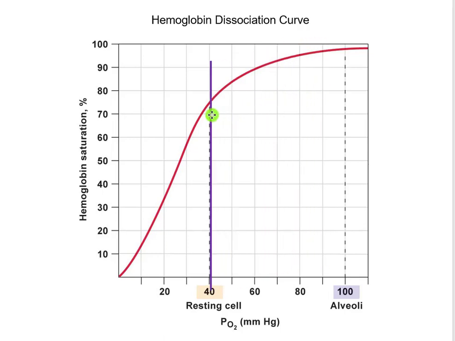But you'll see that it actually gets steep right over here. So from 40, if I decrease by 25%, go from 40 to 30, a 25% drop in PO2, then what do I see? I go from 75% saturation down to 55% saturation, which is a much bigger drop. So this is the nature of the hemoglobin dissociation curve. We'll pick this up in the next video.